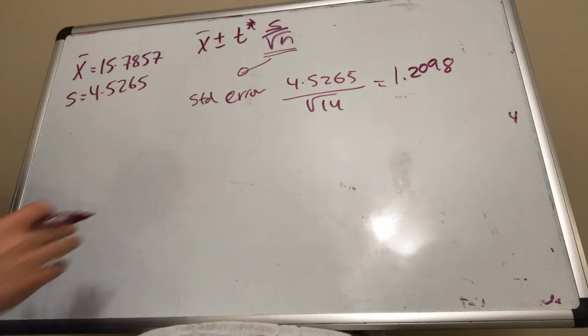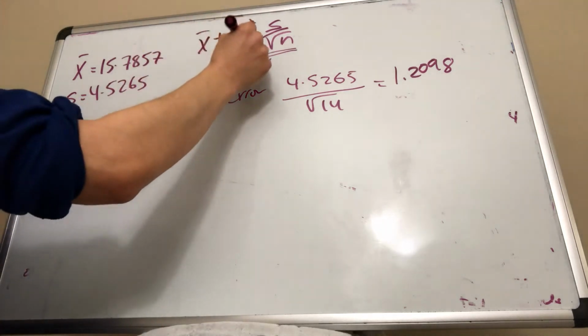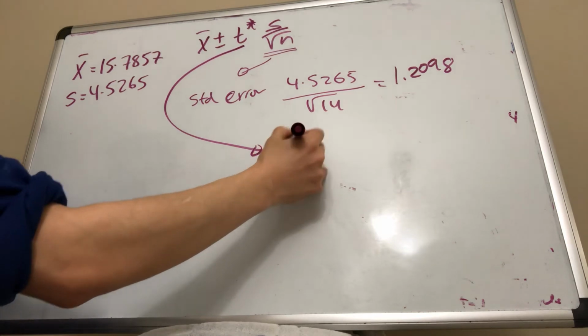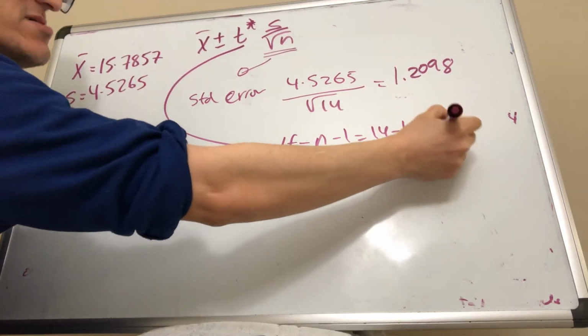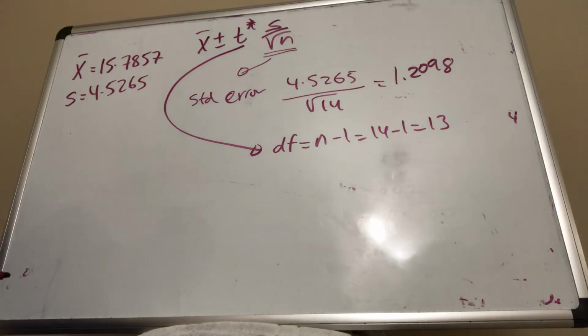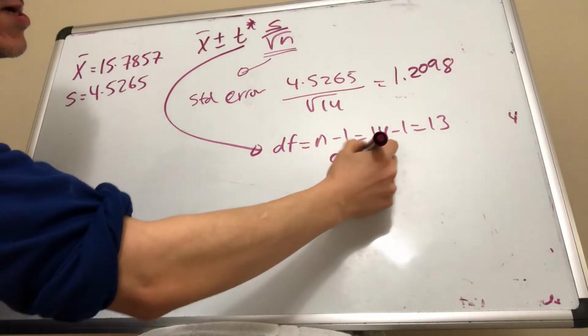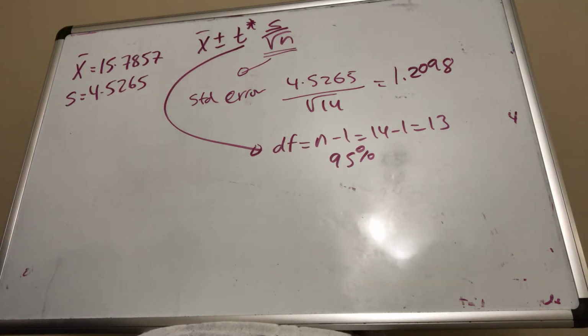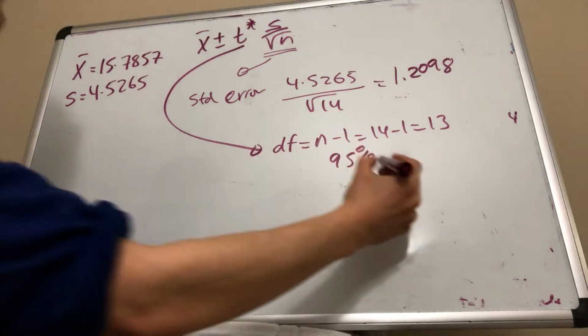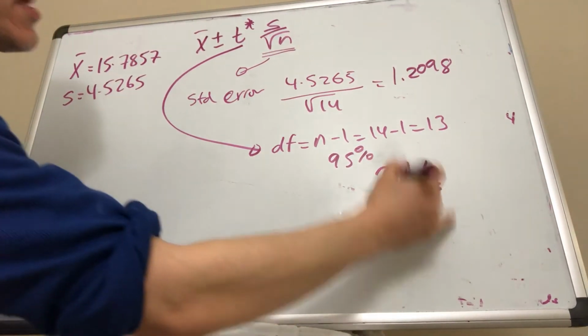And then they tell you find a 95% confidence interval. So now they want you to do the entire confidence interval. We did this earlier. To get this, we need degrees of freedom, n minus 1, and it's at the level 95. So I go to the t-table, go down to the degrees of freedom 13, and 95%, 2.16. So the number is 2.16, that's your t-star.